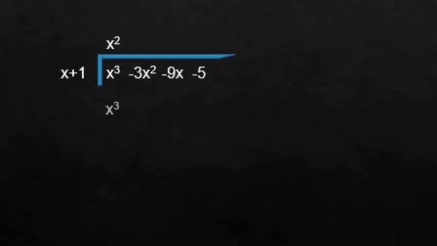X square into 1 gives you x square, which you write below, minus 3x square. Now you do subtraction here. X cube minus x cube gives you a 0, minus 3x square minus x square gives you minus 4x square. When the subtraction sign comes, you should be very careful that plus will become minus.